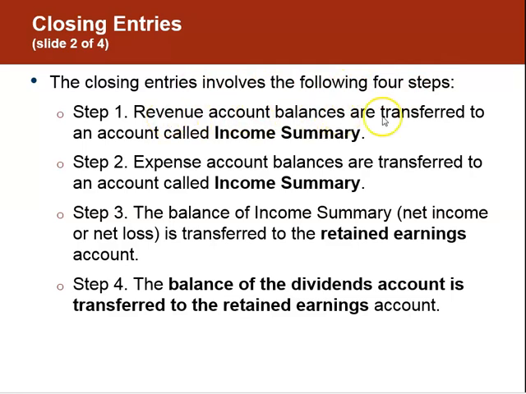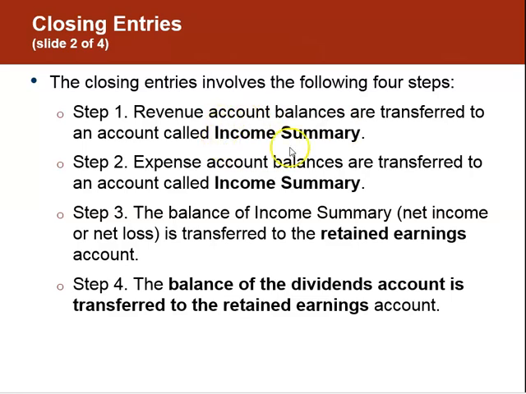Revenue account balances are transferred to an account called income summary. Now, on the previous slide, it said that temporary accounts are transferred to permanent accounts, and that is the truth. But what it didn't tell you is that those income statement accounts and dividends, specifically the income statement accounts, have to be transferred into another temporary account just momentarily.